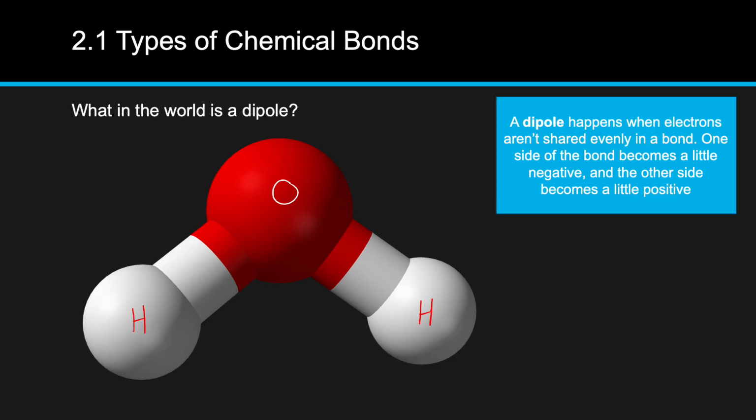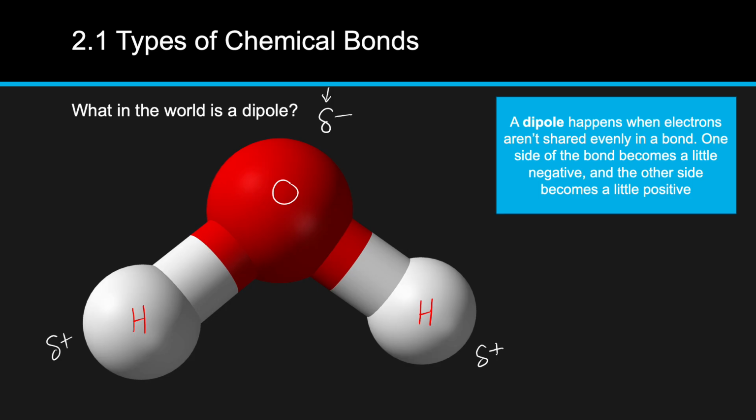Now we know by looking at the periodic table, oxygen is much closer to fluorine, right? So we know that oxygen is more electronegative than hydrogen. Well, what does electronegative mean? Electronegativity means the ability to attract electrons. So oxygen will have a partial negative charge, that is the symbol for partial, and your hydrogens will have a partial positive charge.